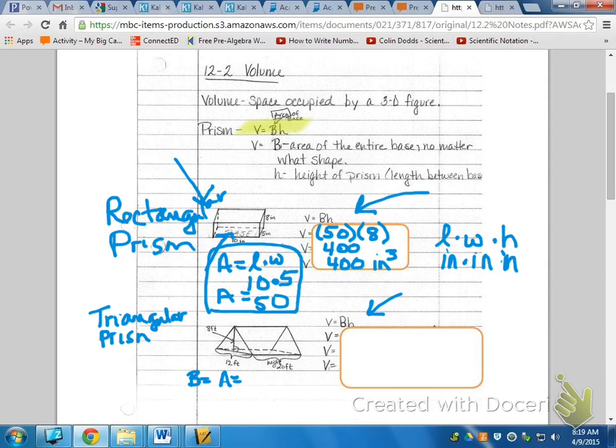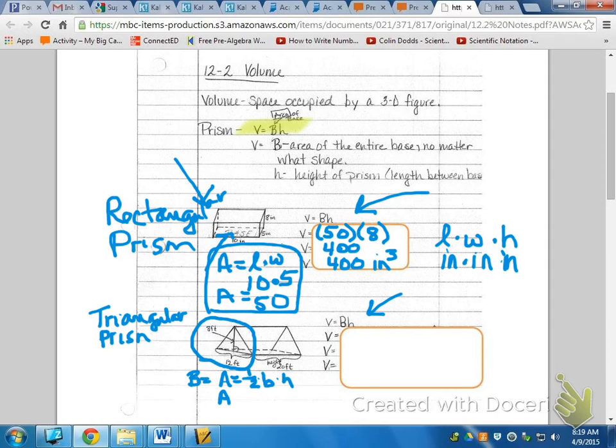One-half times base times height. We can't get away from that word base on this one. And if I look at it right here, this is what I'm concentrating on right now. I'm concentrating on just one of the triangular ends. That's my base.